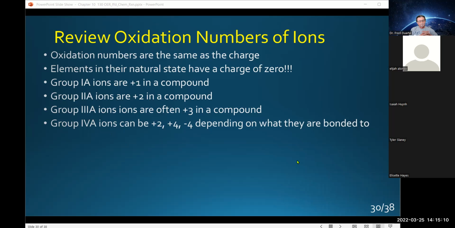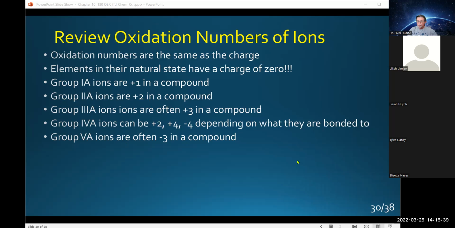Group 4, they're on the fence. And depending on the reaction conditions, they can either gain 4 electrons because they have room for 4, or they can lose those 4 electrons. So their oxidation state can vary from a -4 to a +4. Depends on the conditions. After that, starting with group 5 and forward, they're all nonmetals.